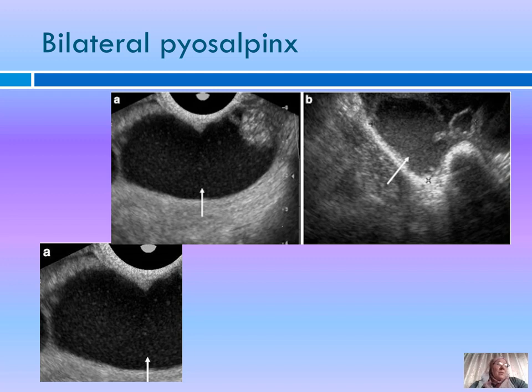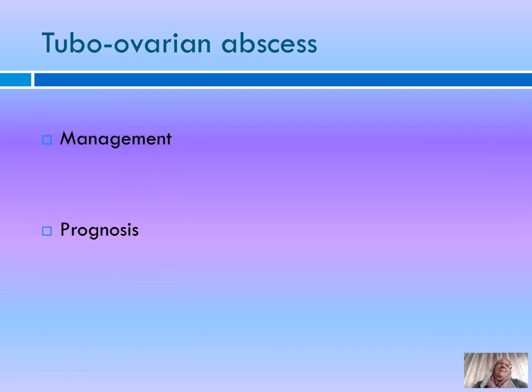Usually the tube is not visible on the ultrasound scan, but here you can see the tube is large and enlarged. If it was a hydrosalpinx, this tube would be black, but there's some echogenic material within the tube which you suspect is a pyosalpinx.